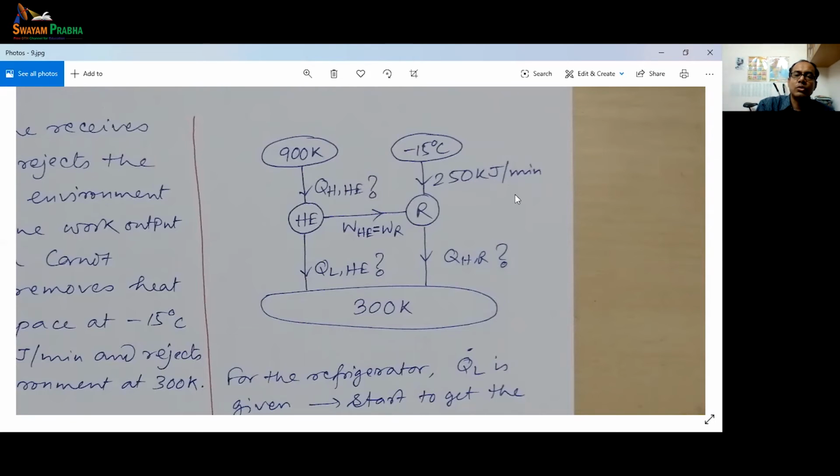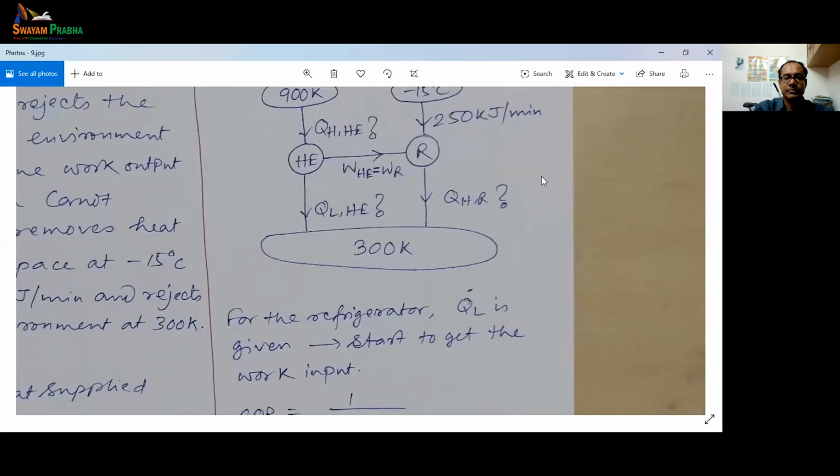So here what we do know is this 250 kilojoule per minute, but this QH heat engine, QL heat engine, QHR refrigerator, these things we don't know. Okay, but the connection we know: the work output from the heat engine and the work input to the refrigerator are equal.